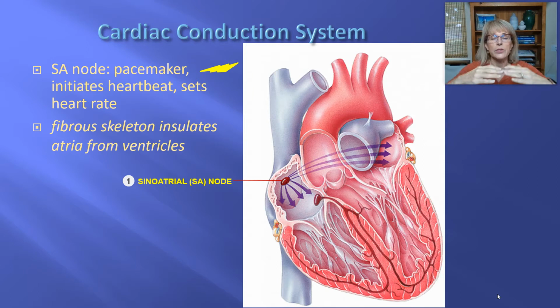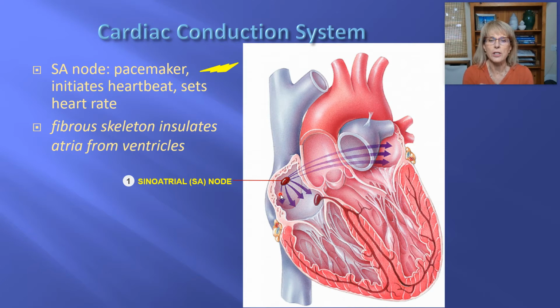When enough ions have leaked in, the cell reaches threshold and opens voltage gated channels that allow lots of ions to come in, and we get an action potential and then contraction. Those cells that are leaking the fastest are found here at the SA node, and because they leak the fastest, they reach their action potential first.